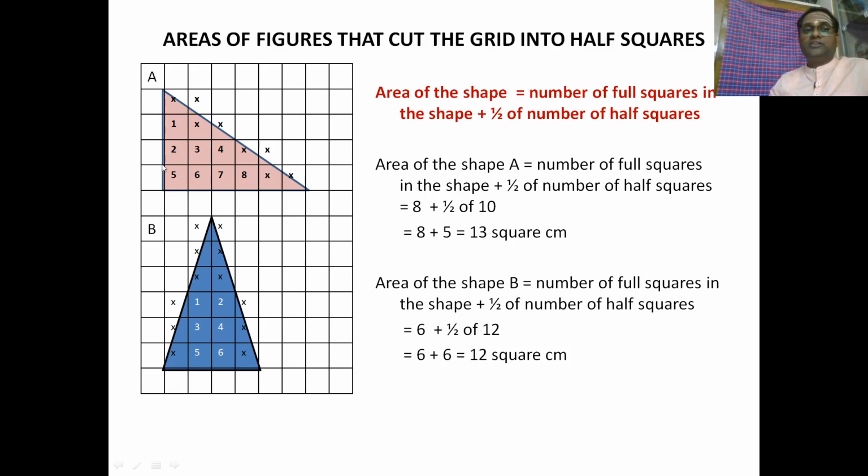So in this shape, that is shape A, there are 8 full squares, and let us count the half squares. This square is cut into half. See, one part has gone. So I'll consider it as half. Here one chunk has gone, so I'll consider it as a small half part.